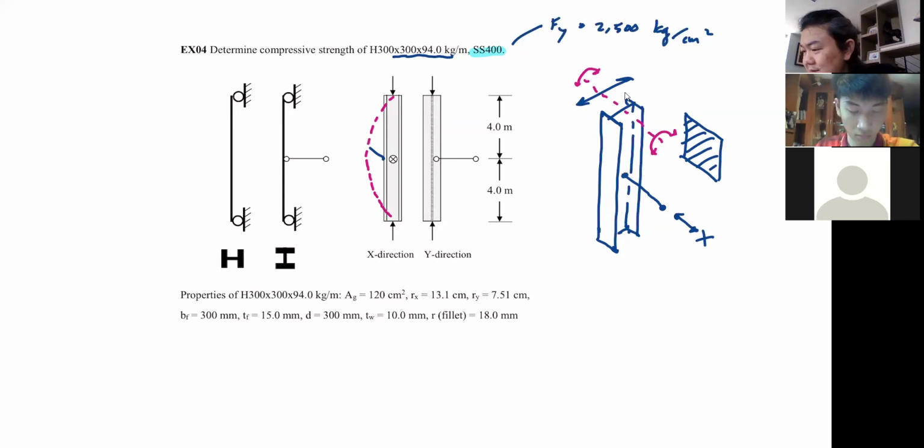So when you look at this axis, when it wants to have the lateral movement or buckling in this axis, the deflected shape has to be like this. Correct, because of the bracing.